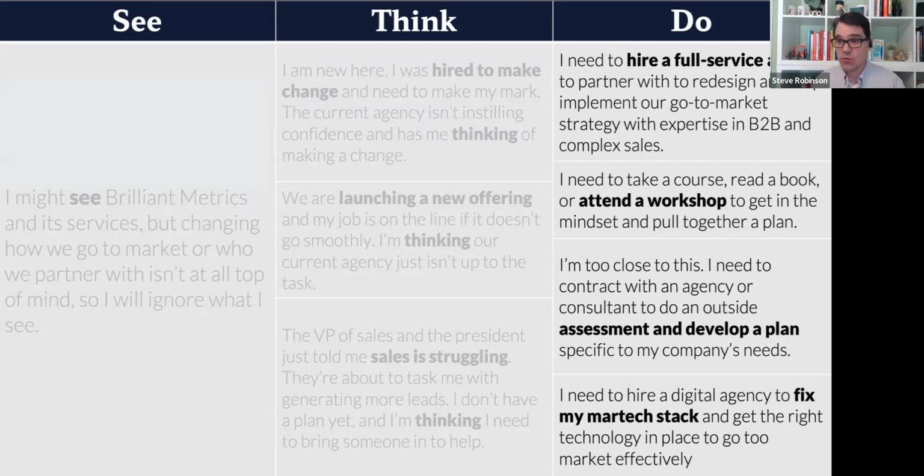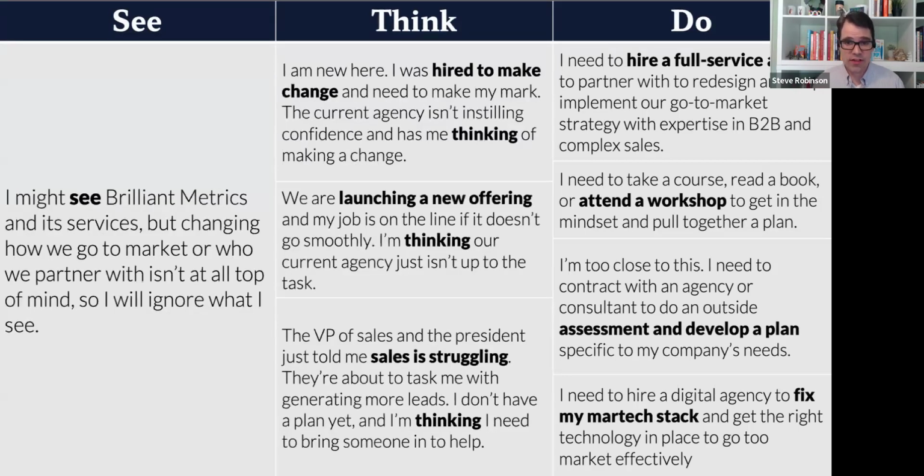Any of these are things that we do and can do to meet our clients' needs, but all of them represent a particular headspace, a particular need for our audience. And so we want to be mindful of how we cater to each one of these individual do states. Lumping everybody together who is just ready to buy doesn't help us.